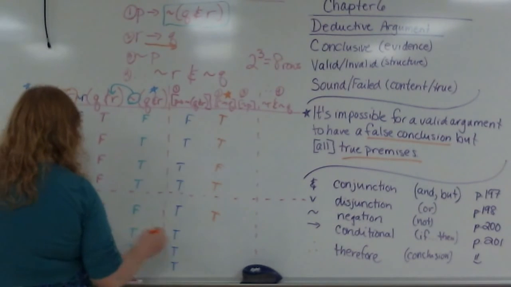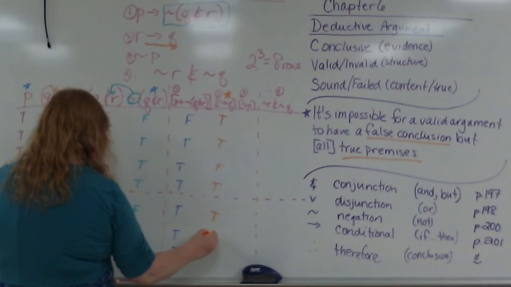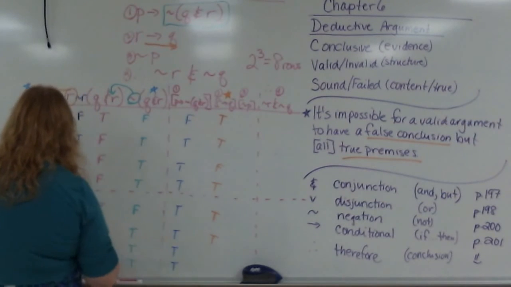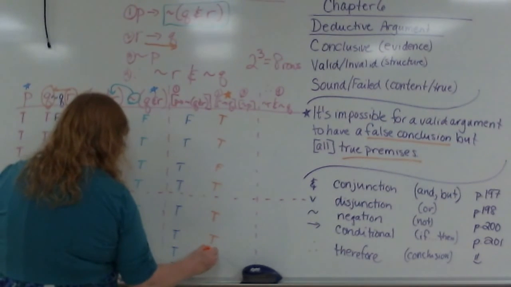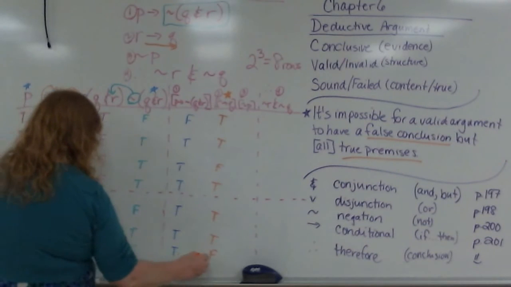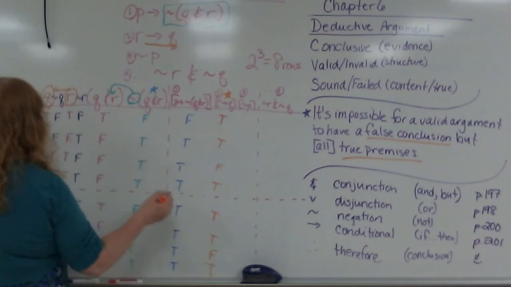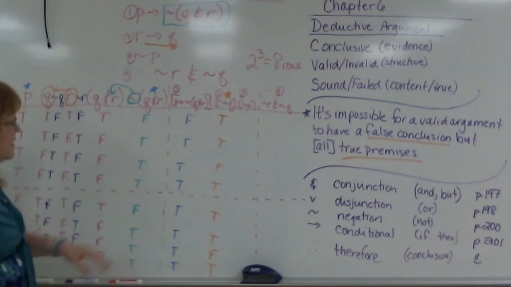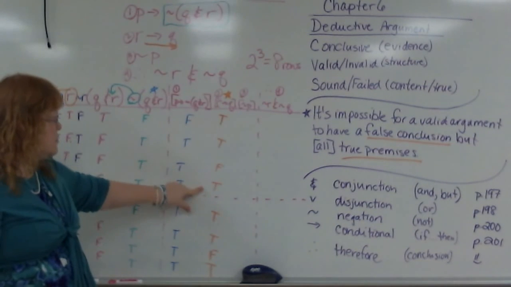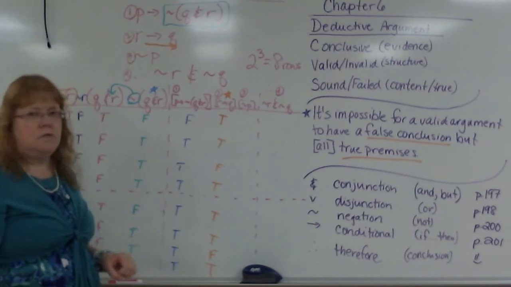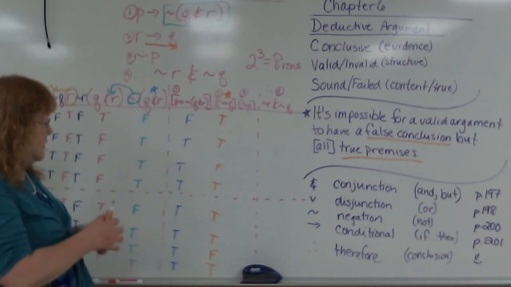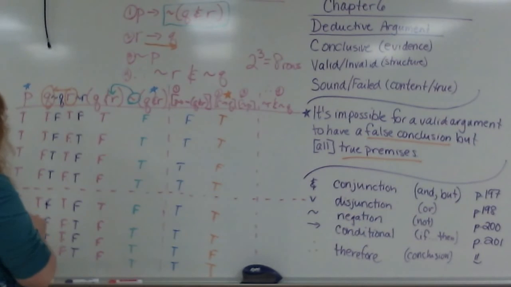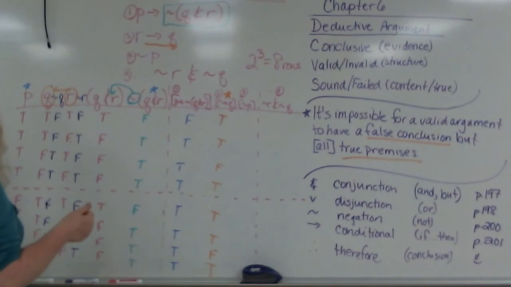False to true is true. True to false is false. False to false is false. Let me make sure I did that right up here. True, false, true. Okay, good. Happy day. So we have true, true, false, true, true, true, false, true. Okay, for that line.